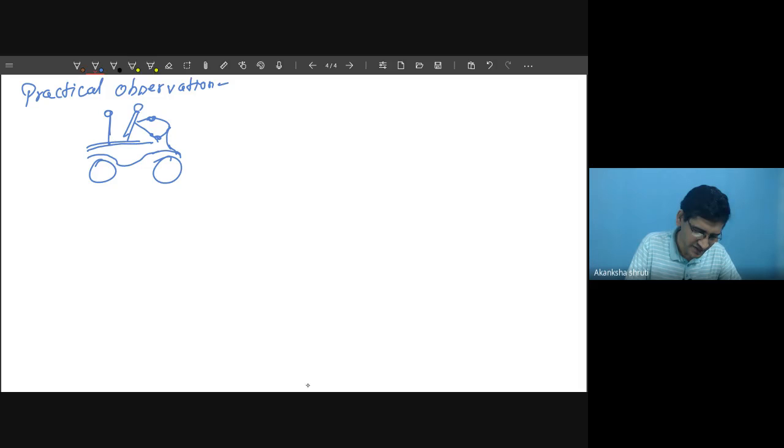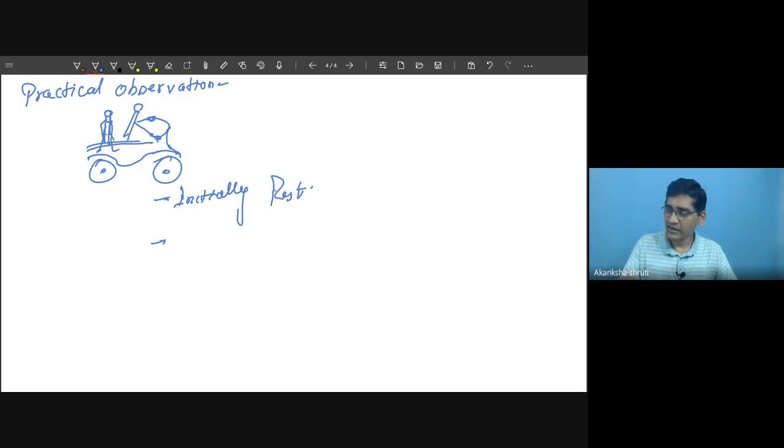It is you or your other friend who is just sitting here. A student, so initially let us consider this bike is at rest. Then you start motion. What is your observation?